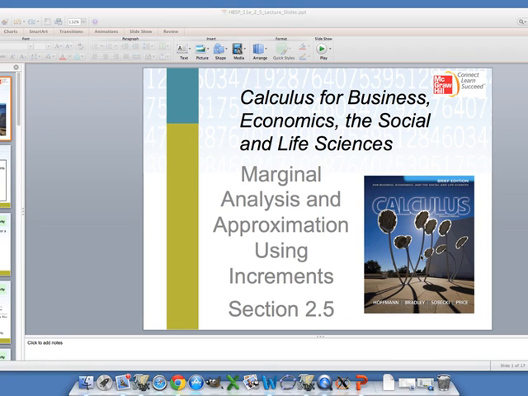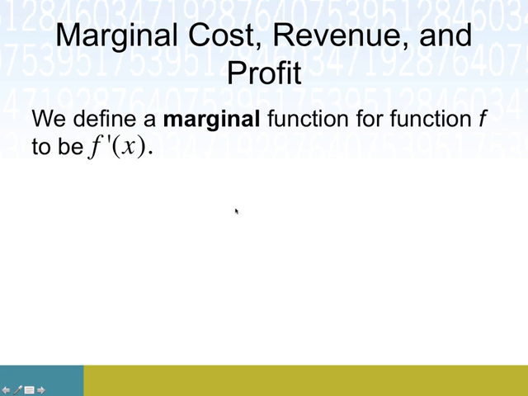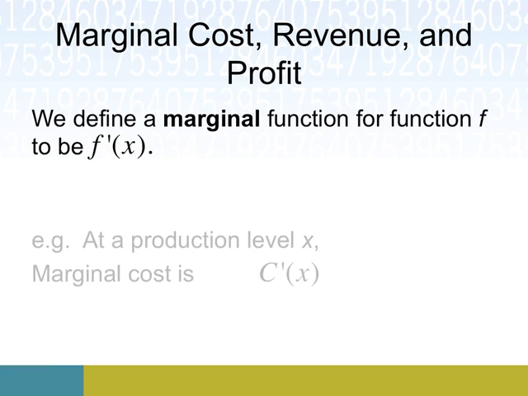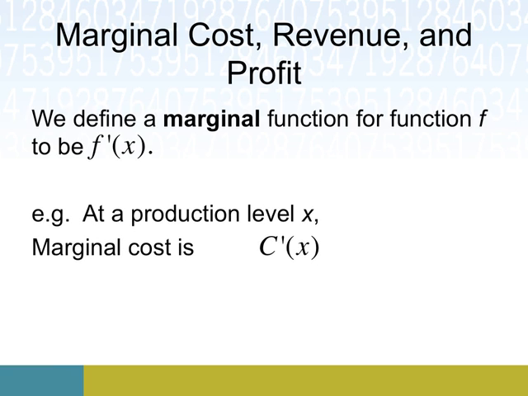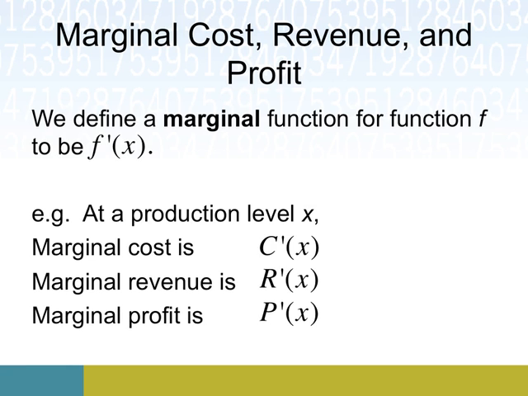That's fair, but if you don't have a derivative calculation, then that's as good as we can get. Since we've got derivatives, we can define marginal cost to be the actual instantaneous rate of change. Just to put this in writing: marginal cost is C prime of x, where x is how much we're producing. Marginal revenue is R prime. Marginal profit is P prime.